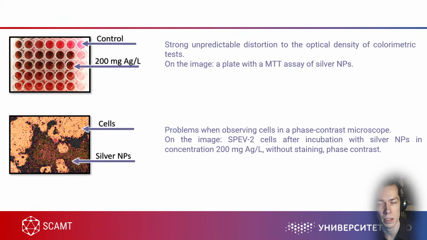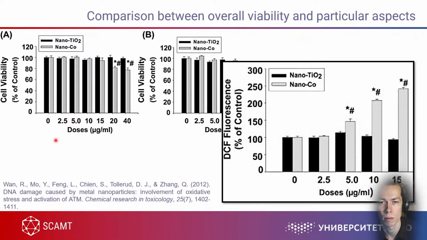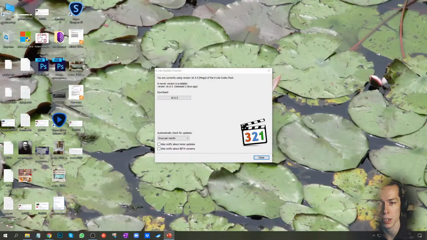And this interference, in most cases, cannot be calculated because nanoparticles, especially ones with optical responses, can undergo different optical changes. So they can change color, as I showed some slides before. They can change the color of white light, they can change the color of MTT, and it's very, very hard to predict.